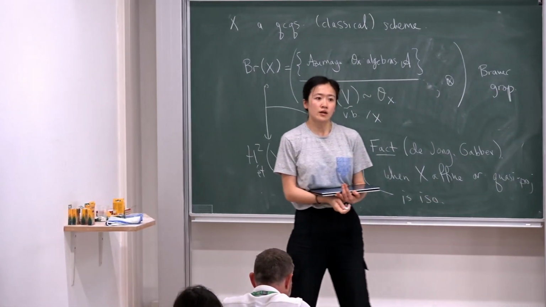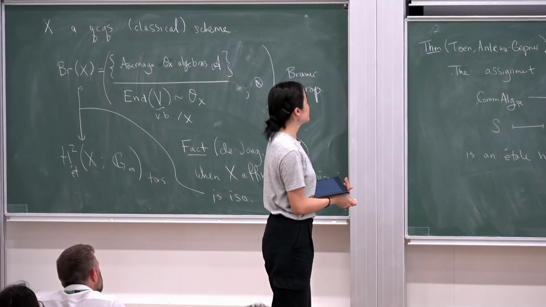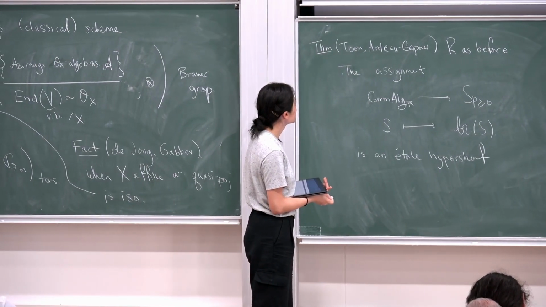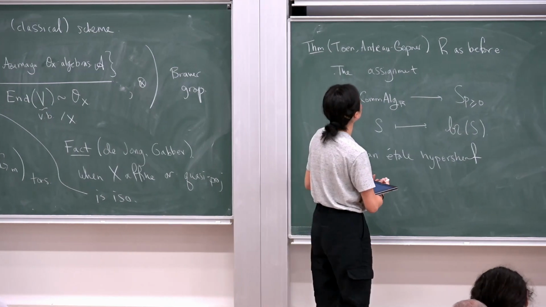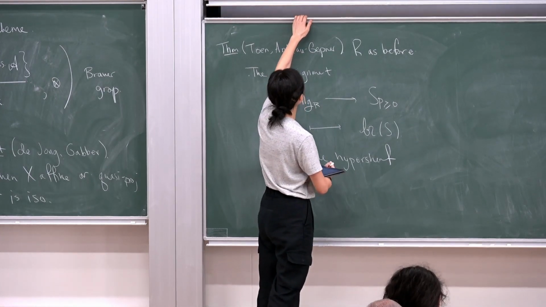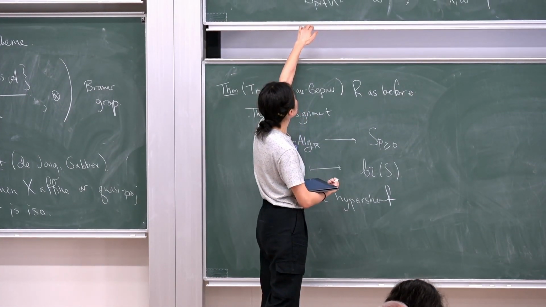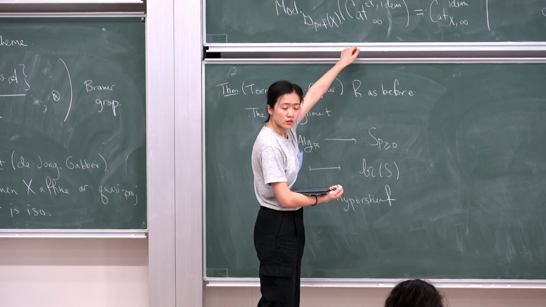Question? Sorry, the word above, in Mod blank blank, what can the lower blank be and what's the other blank supposed to be? I'm just trying to parse notation.